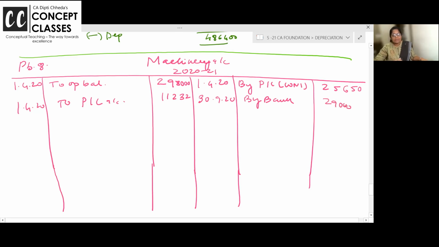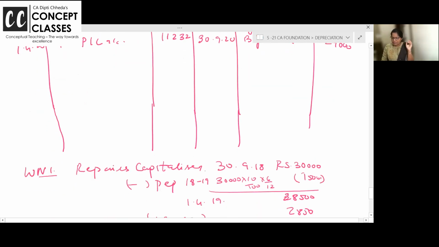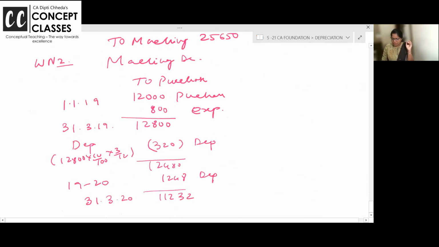Now, whenever a machine is sold, you have to give 3 effects. Charge depreciation till date, then the sale value, then the profit and loss. Now, for this machinery which is sold, original cost they have given. They have not given other details. So, we will work out.